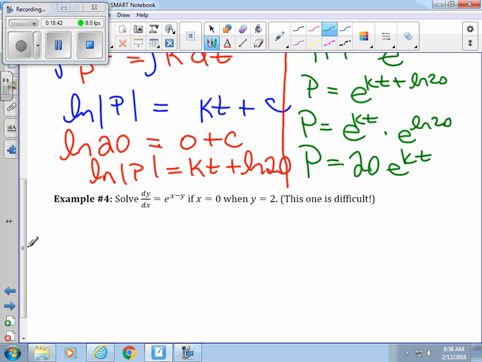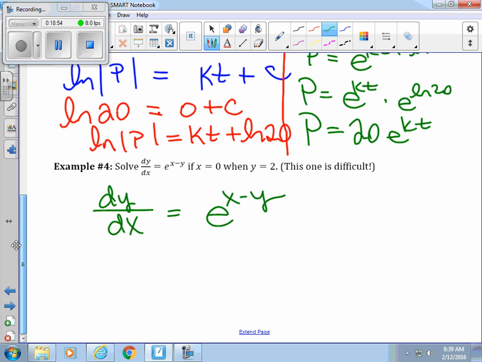Okay, the next one is a tricky one. I want you to look at it for a second and see if you have any ideas. What's the kicker? What do we have to be able to do? We have to be able to separate x and y.